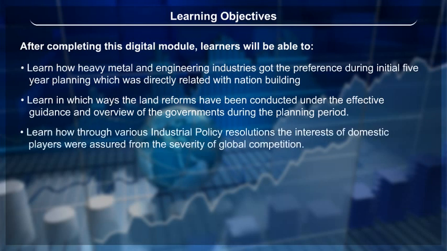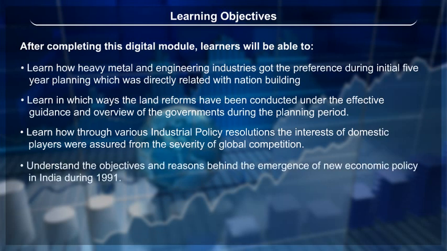Learn how, through various industrial policy resolutions, the interests of domestic players were assured against the severity of global competition. Understand the objectives and reasons behind the emergence of the new economic policy in India in 1991.